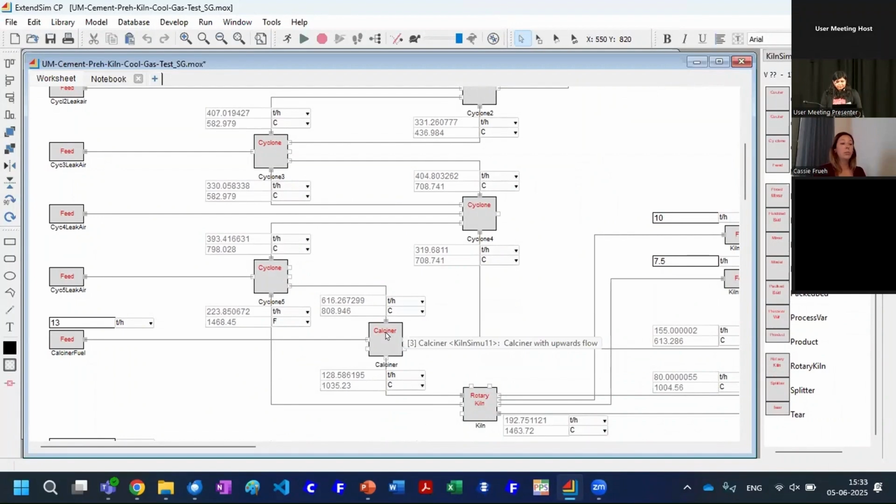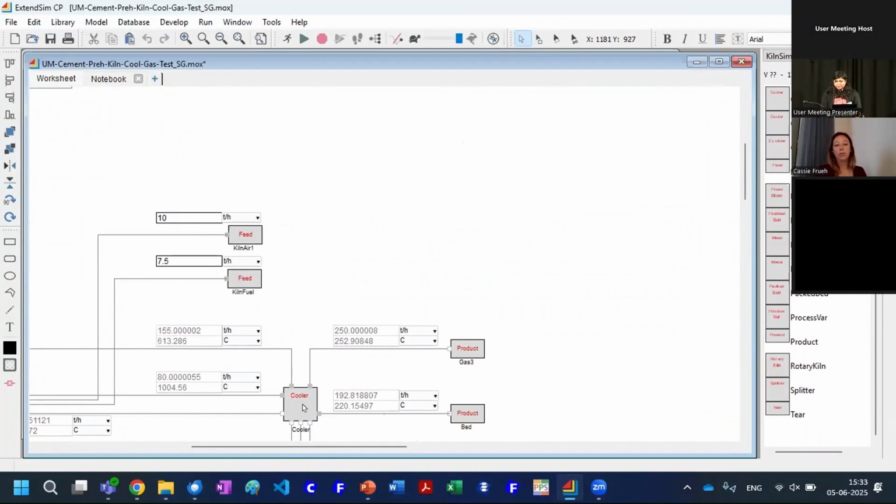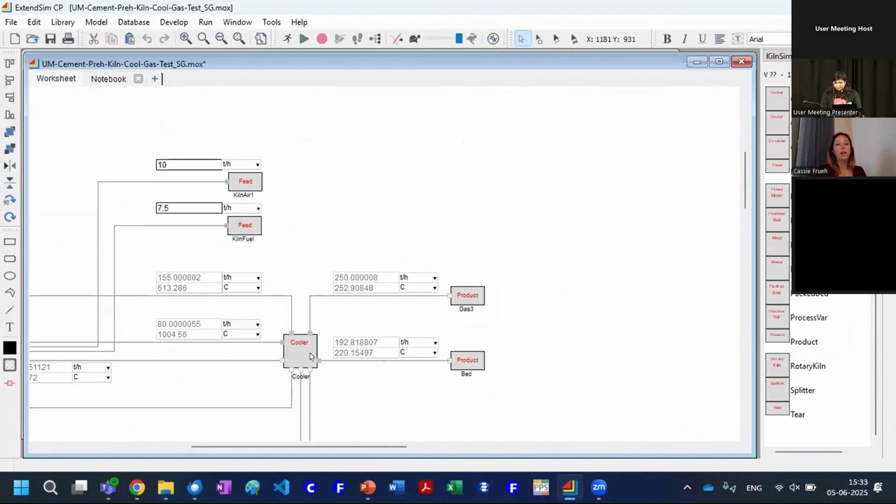A calciner normally allows for a higher temperature to start. It's basically a preheater to start the phase transformation you want. And then you go into your rotary kiln. And then after your rotary kiln, you would have some sort of cooler to cool off your product before it becomes your output product, or clinker material in cement cases.